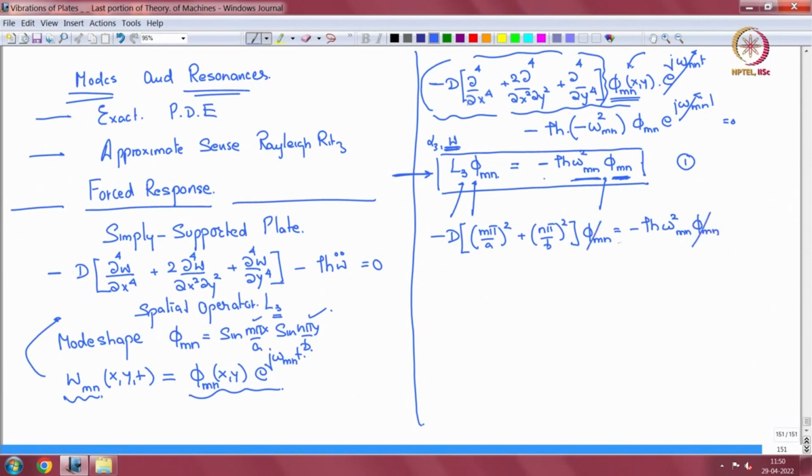This can go. Now this gives me a formula for natural frequency. My omega mn is now square root of D by rho h times m pi by a squared plus n pi by b squared. This is 2. Okay, so these two things should be remembered.